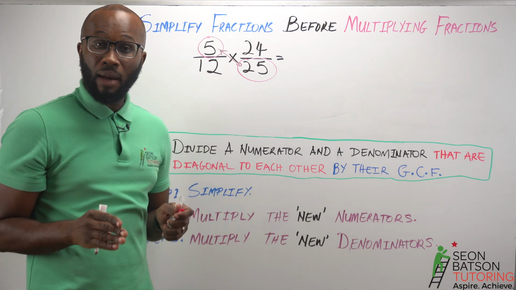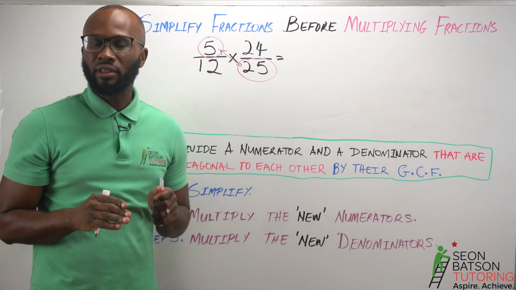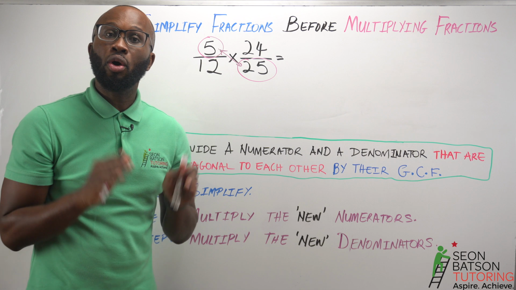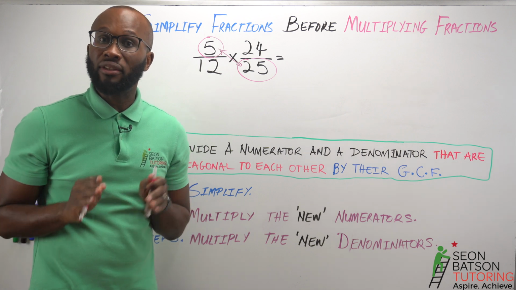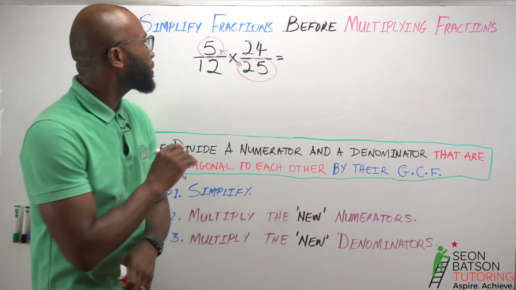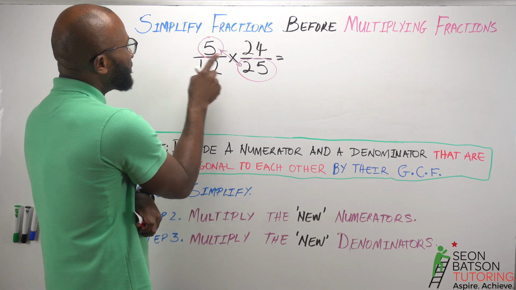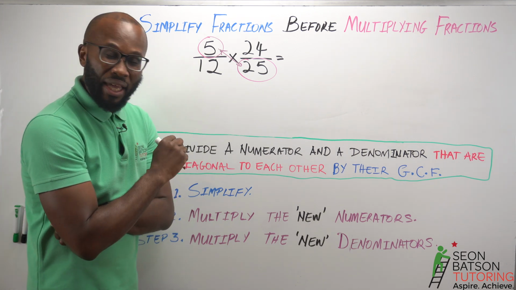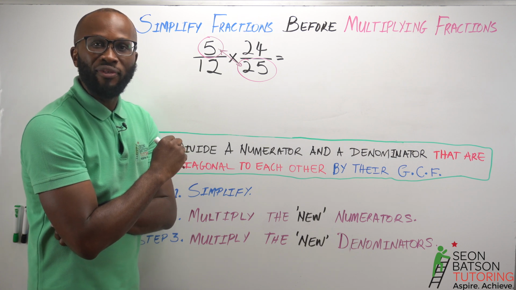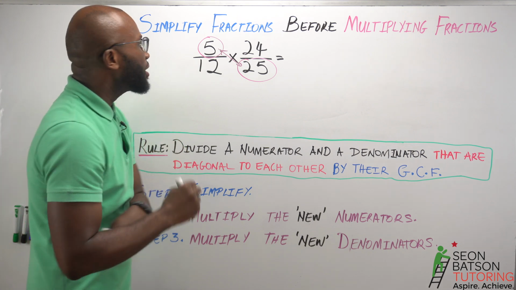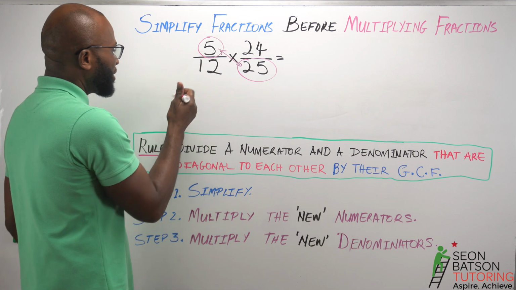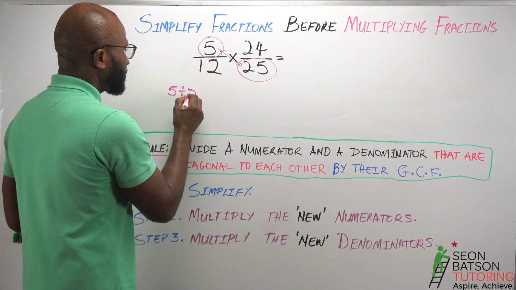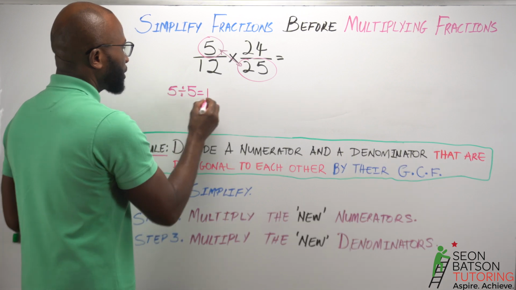If we want to simplify 5 and 25, we can divide 5 and 25 by their greatest common factor. Again, the greatest common factor for 5 and 25 will be the biggest number that can go into 5 and 25 evenly. The greatest common factor for 5 and 25 is 5. So we will divide 5 by 5. 5 divided by 5 will give us 1.